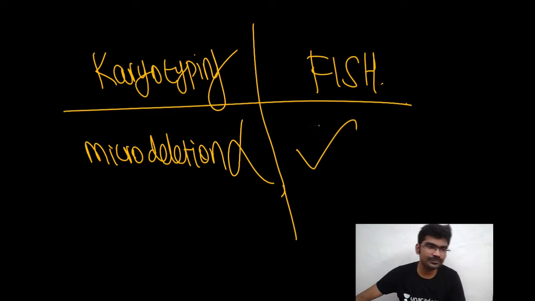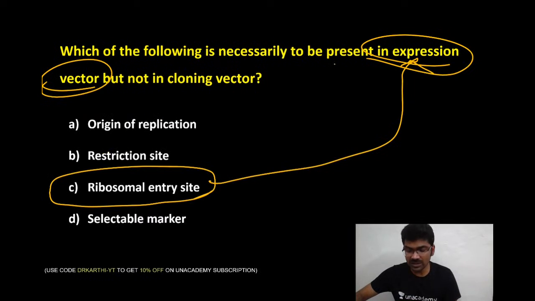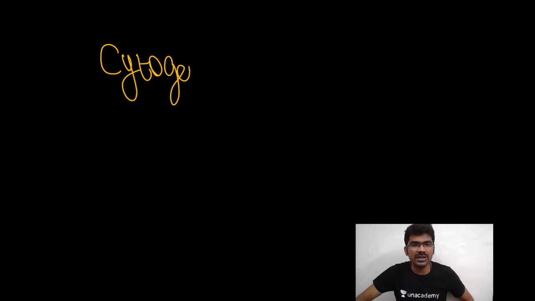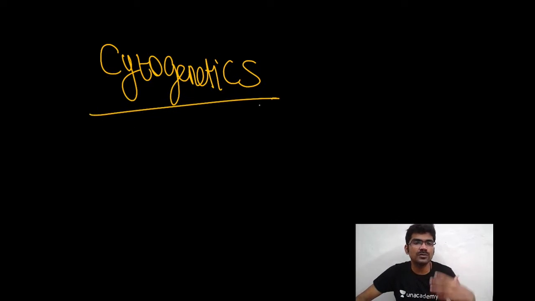Using this FISH, you will find out translocations, all these things, right? Even with karyotyping you can find out translocation, but for microdeletions and all, so we call this cytogenetics. So we go for FISH.